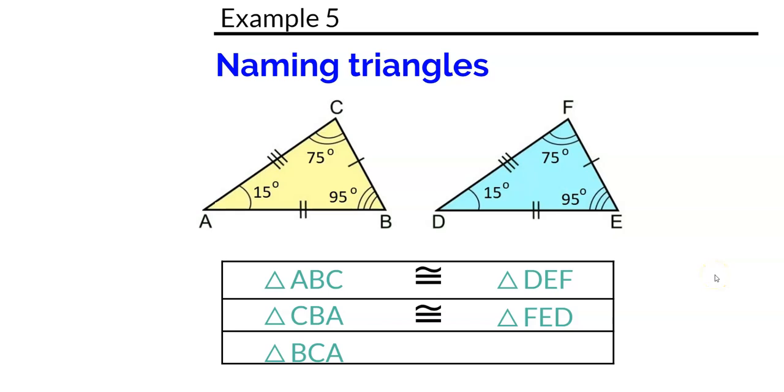Last one, triangle BCA is congruent to, and so we look at BCA, so we have to start with 95, 75, and 15. So 95, 75, 15, so it is congruent to EFD. Okay, so go back and look at the definition again because this is what you'll need for the next lesson.